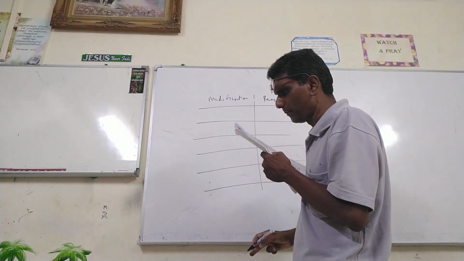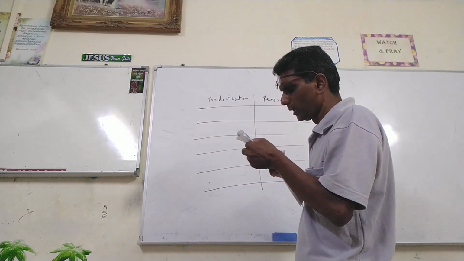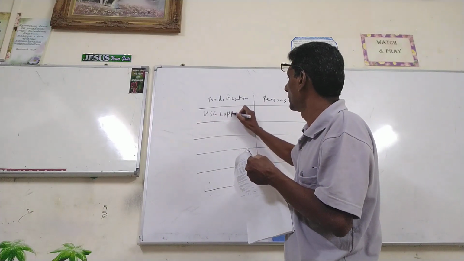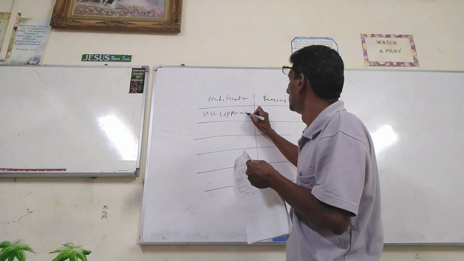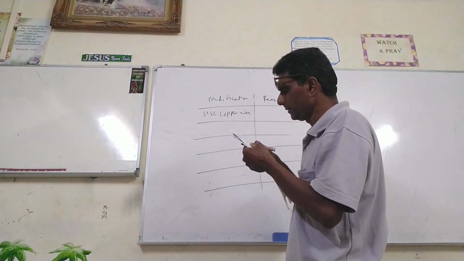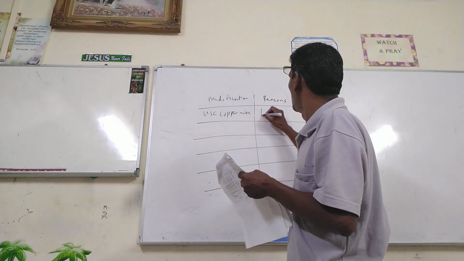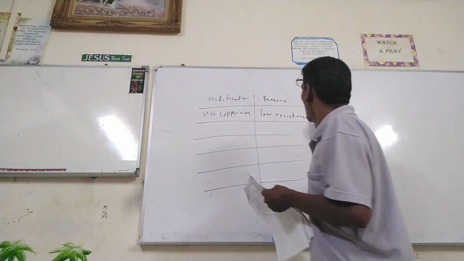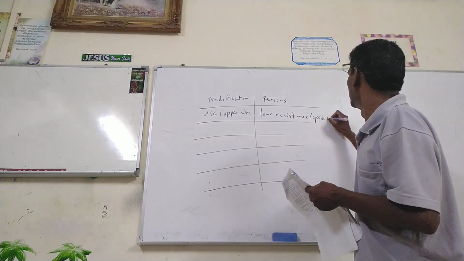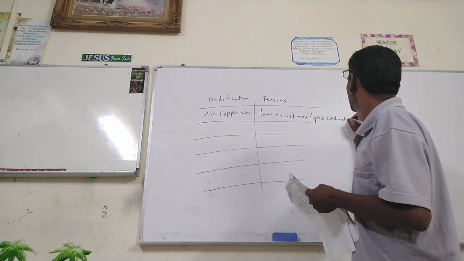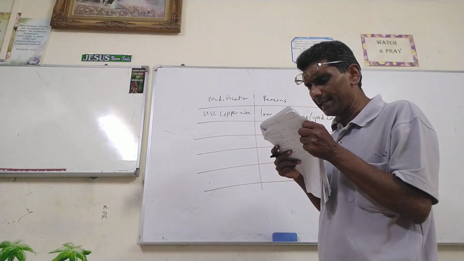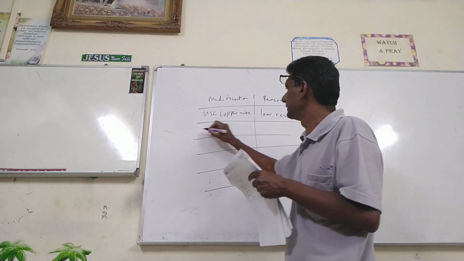The first is the type of the coil wire. Use copper wire. The reason is it has low resistance, a good conductor. Second, the thickness of the coil wire.